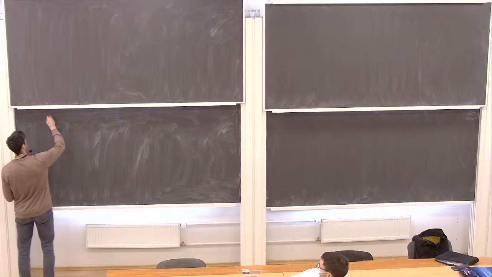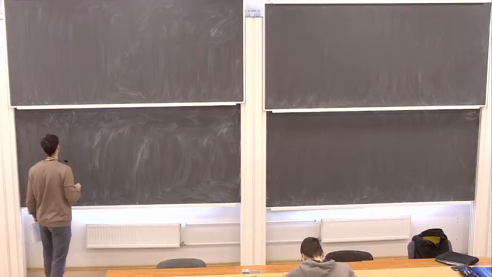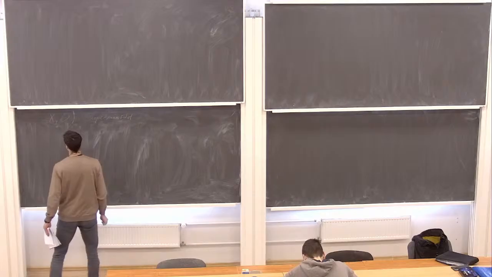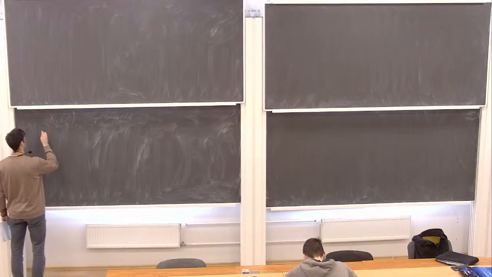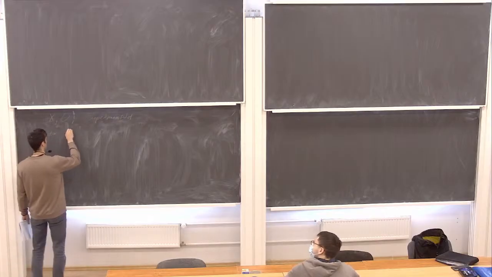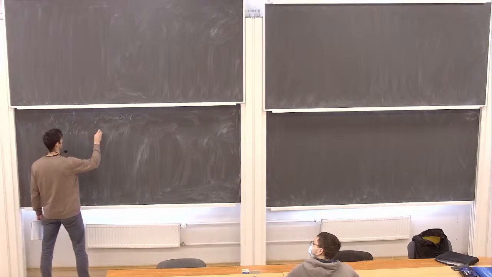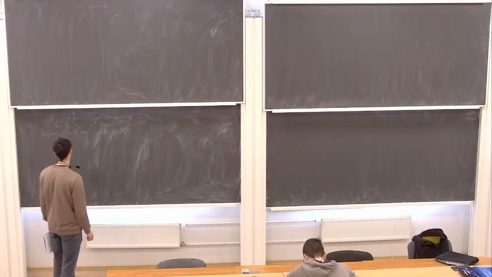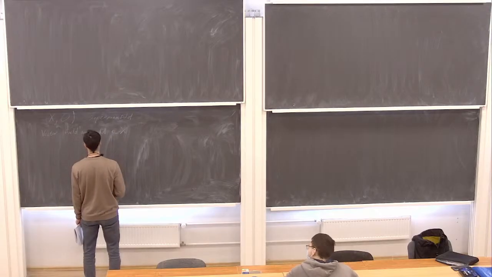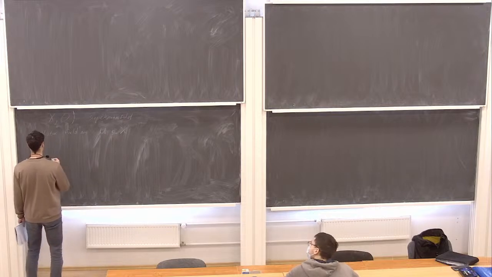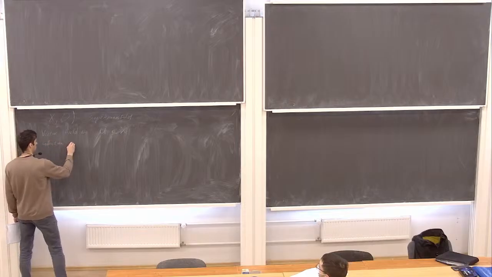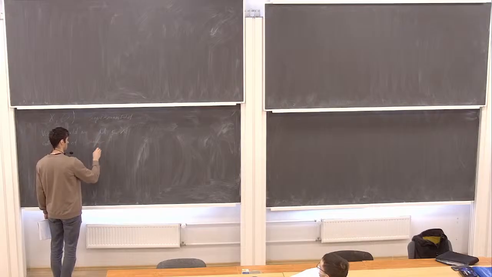Okay, so my supermanifold is X, structure sheaf is O. I'm saying that a vector field on an open subspace U in X is really just a bunch of superderivations. So it's a collection of, at least that's how we defined it last time.